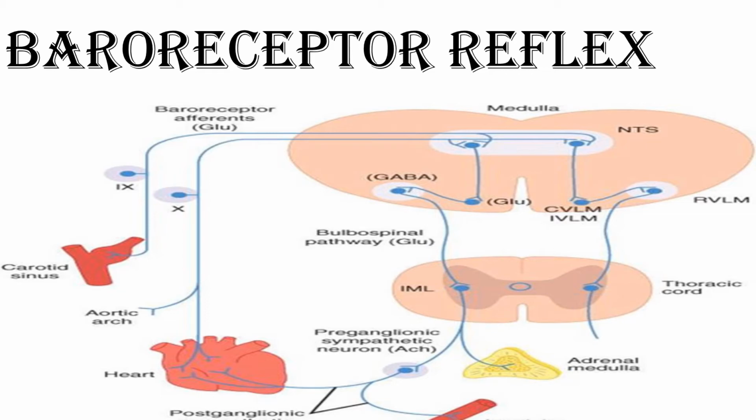The carotid sinus and aortic arch receptors monitor the arterial circulation.